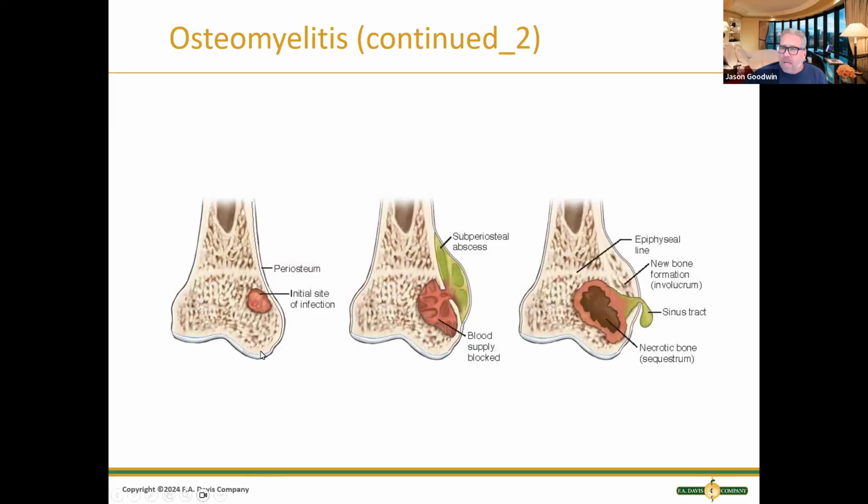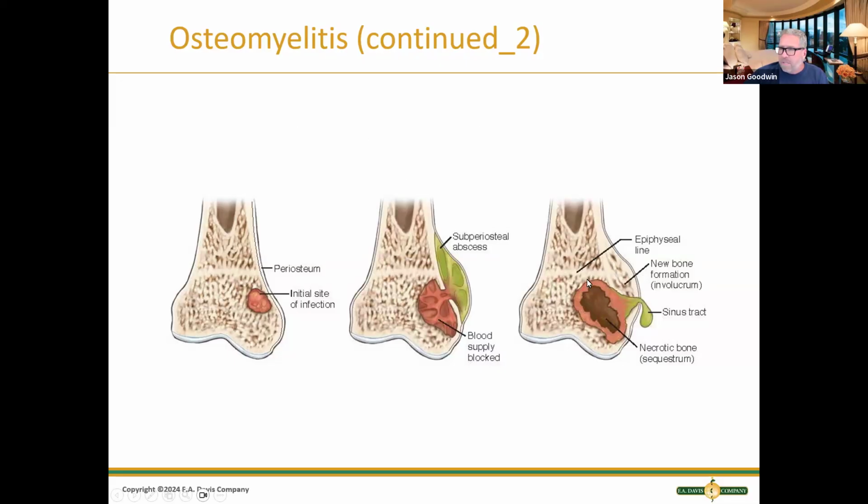So here's what it looks like. You have your periosteum, and there's an initial site of infection, like for instance in a fracture. It's opened up, and then there's a chance for a bug to get in there, and then you start to get an abscess. So this is essentially an infection that has a pouch, or an infiltration of infection, that doesn't have anywhere to go, and then it can start to cause disease around it, and then go closer to the rest of the bone, right?